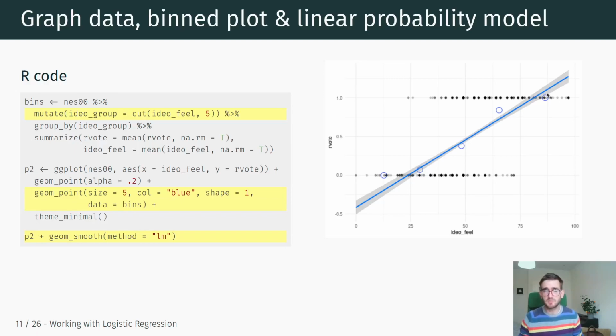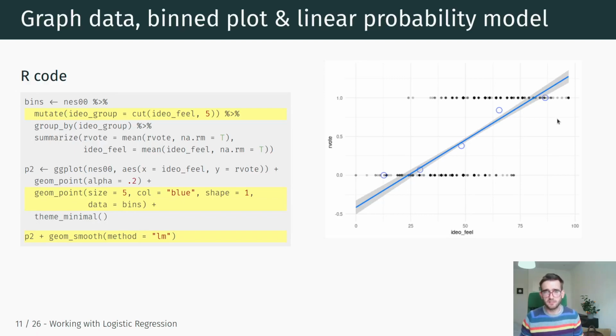And as we can see here, given the relationship between ideology and a vote for the Republican candidate, there are ranges of inputs, where people feel very close to conservatives or very close to liberals, where the linear model predicts a conditional expectation that is larger than 1 or smaller than 0.